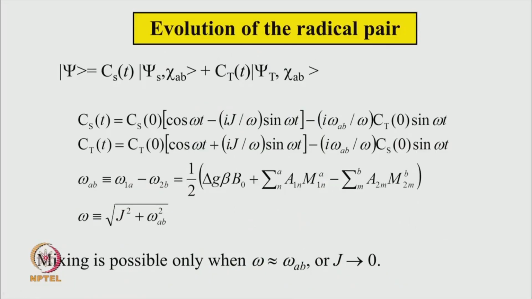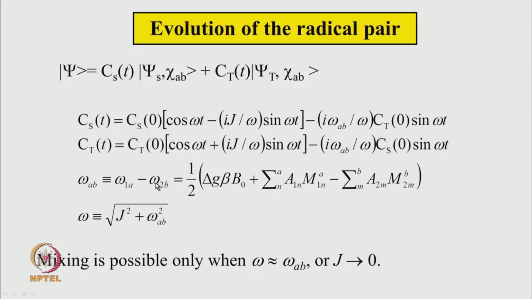Now, we can use the time dependent Schrodinger equation to see how the wave function is going to evolve and how the coefficients are going to evolve. That is the way the equation is. Here, the term which looks very unfamiliar is actually this one, but if you see carefully it is quite meaningful, because this is the precessional frequency difference, omega of the first radical minus omega of the second radical.